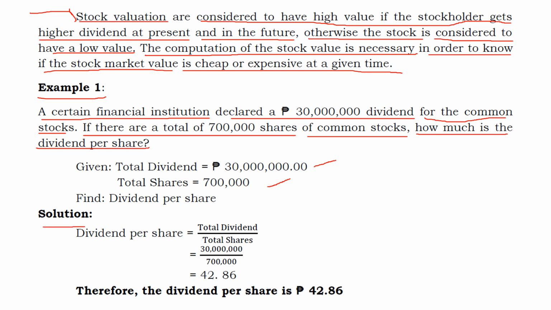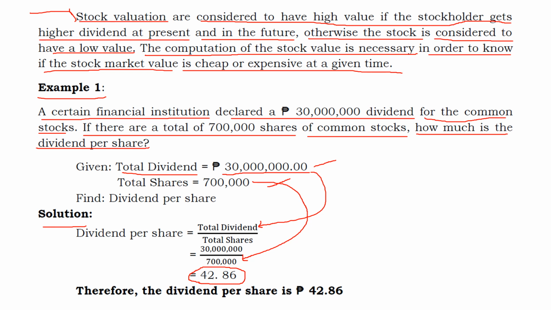Our main goal now is to find the value of the dividend per share. For the solution, we simply divide the total dividend, which is 30 million pesos, as the numerator, by the total shares, 700,000, as the denominator. If we divide 30 million by 700,000, the resulting value is 42.86 pesos, that is 42 pesos and 86 centavos.